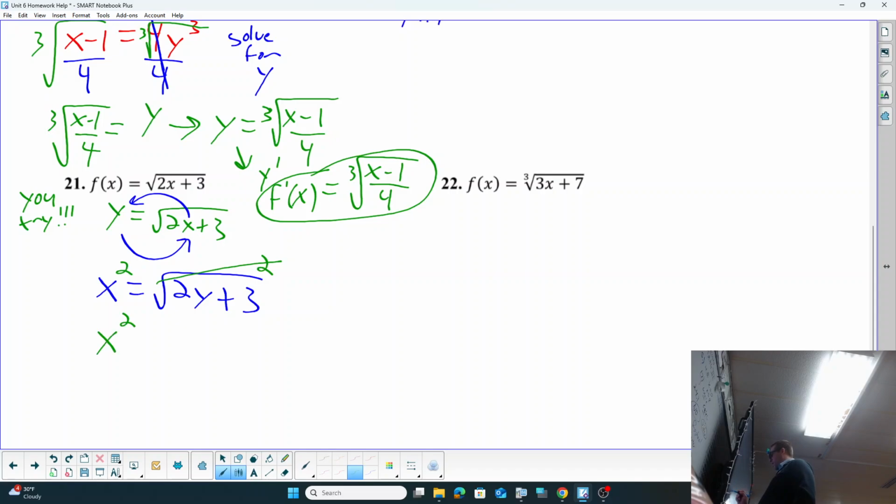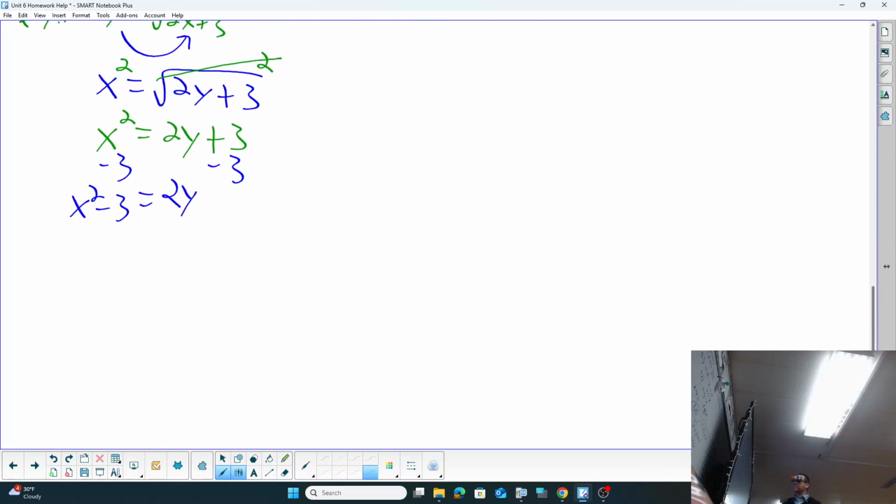So now we have x squared equals 2y plus 3. Then we subtract 3 from both sides, so we have x squared minus 3 equals 2y. Then we divide by 2, so now y equals x squared minus 3 all over 2.